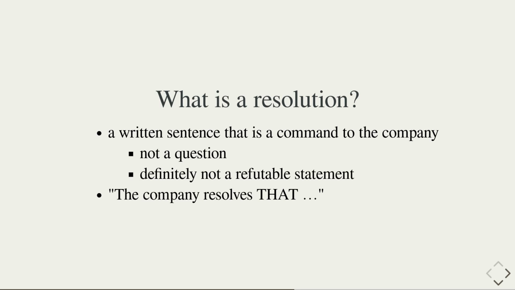It can't be a question or a refutable statement, just commands. So you introduce that command with something like, the company resolves that, whatever. For example, the company resolves that Jane Doe and Jack Smith be appointed as directors, or the company resolves that Mallory Malfoy be dismissed as a director, or some combination of things like that.